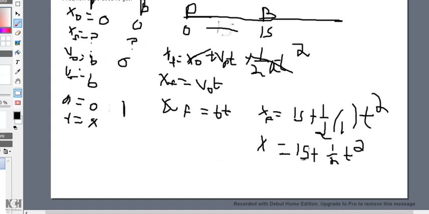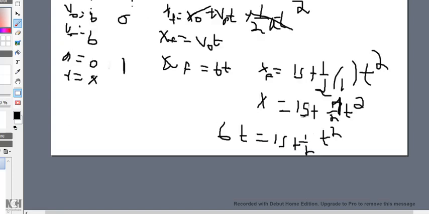This guy right here is his x final, 6t. So we're going to let 6t equal what? 15 plus 1/2 t squared. Right? Because 1/2 times a 1 right here is 1/2 t squared.